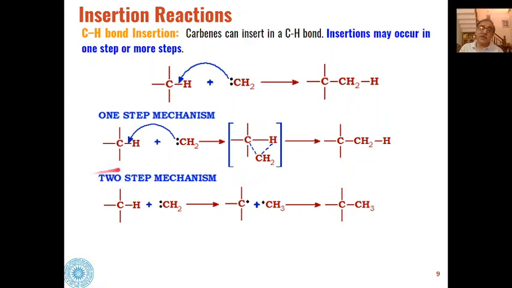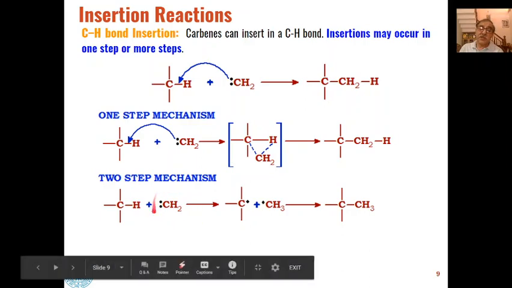Whereas in the two-step mechanism, the carbene first interacts with the substrate with the removal of an H radical from here, and we will get this alkyl radical, and this methylene carbene will be converted into a methyl radical, and then the two radicals will join together to give us the product.